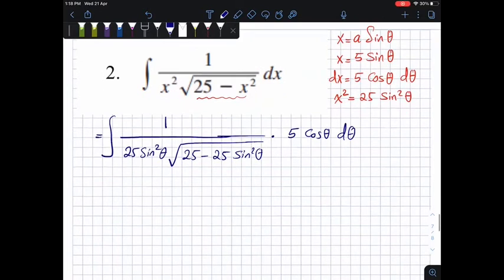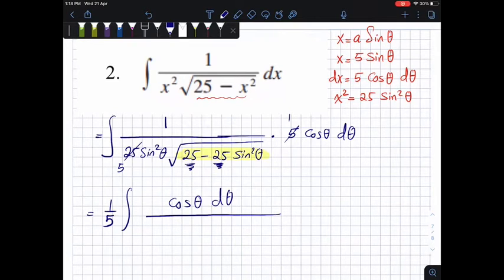We can simplify more. 1 and here 5, and you can let it outside as a constant. So it's 1 over 25, 1 over 5, sorry, and here we have cosine theta d theta, and down here we have sine squared theta.